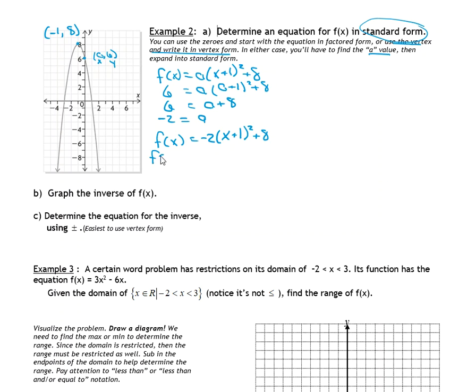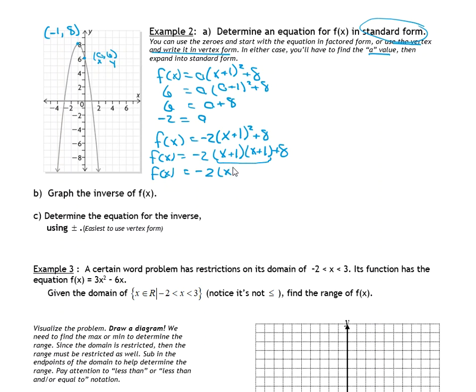So expanding it out, remember that the exponent means write it out twice. It does not mean x squared plus 1 squared. So I have to write it out twice. That's what the exponent means. Plus 8. And I'm going to do the binomial expansion first.